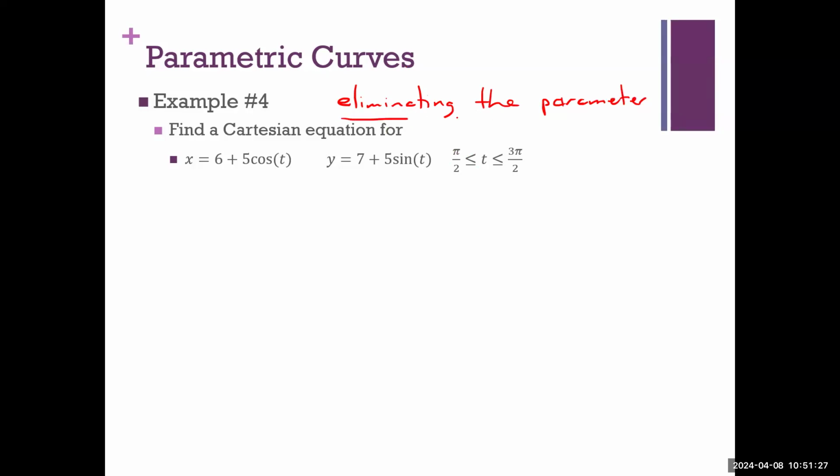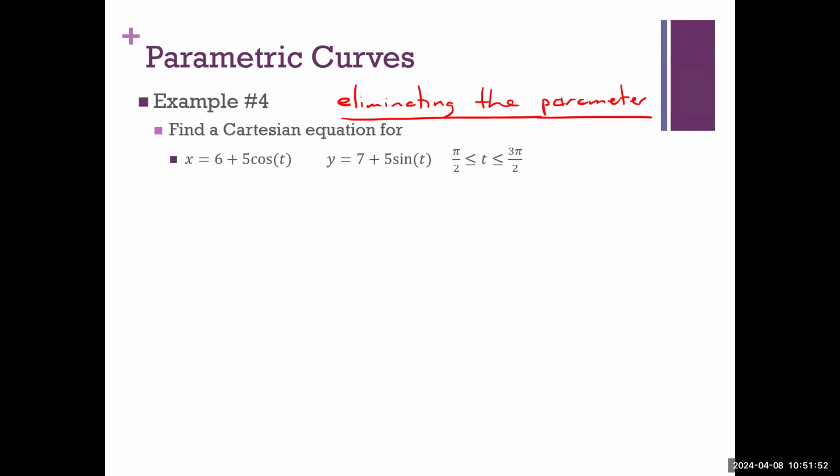It's this third variable, this intermediate variable that unites x and y. My goal here is to get to a place where I can write an equation for x and y that only involve each other, that does not involve the parameter t. But it might be helpful if we first knew what this looked like.